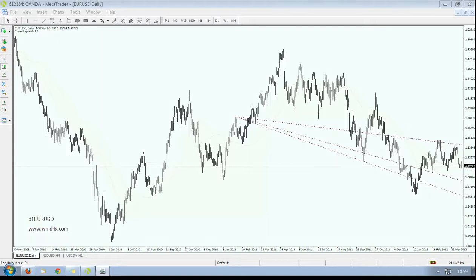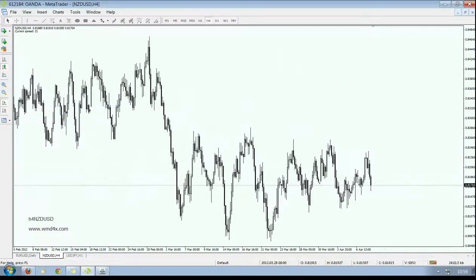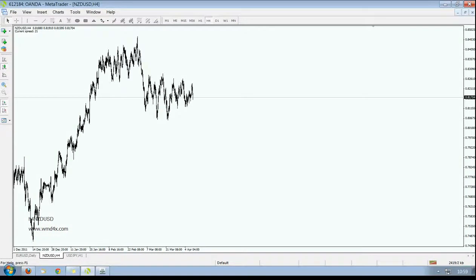Okay, so lines and lines part two. In the first session, we took a look at the Euro USD, and we've been looking at those support walls. Now, one of the charts that I've been looking at and monitoring quite heavily over the last few weeks has been the Kiwi chart.